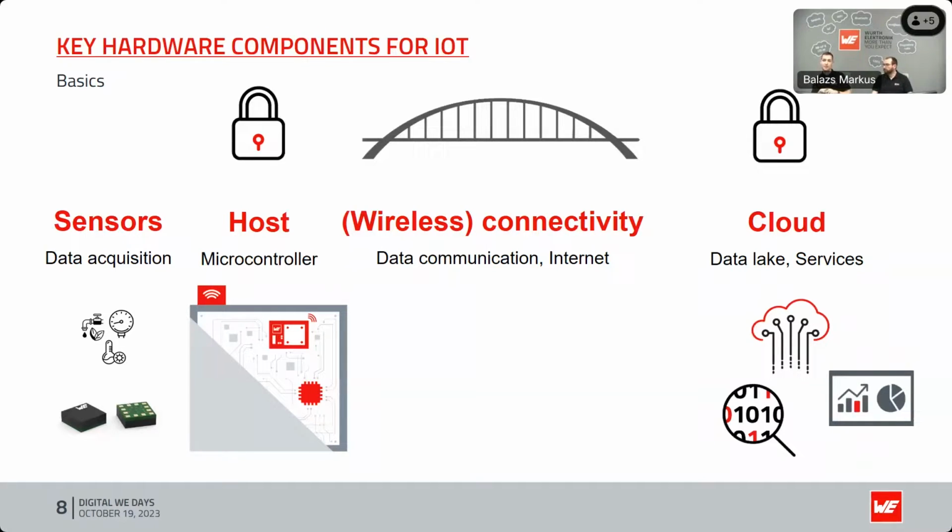Very good examples for that are wireless modules from Würth Elektronik and the cloud itself. We already mentioned different types of clouds. We are also going to show you some examples in this presentation. Exactly. So this cloud is basically the place where all the data processing and the data ingestion and also the data visualization happens.